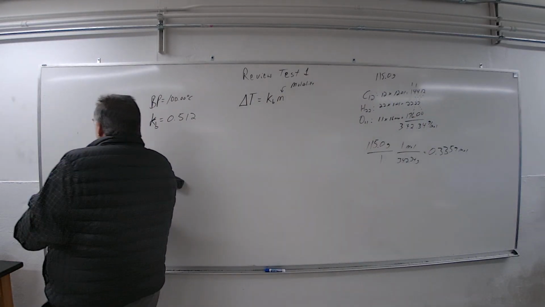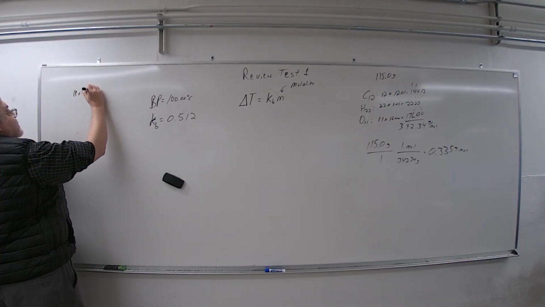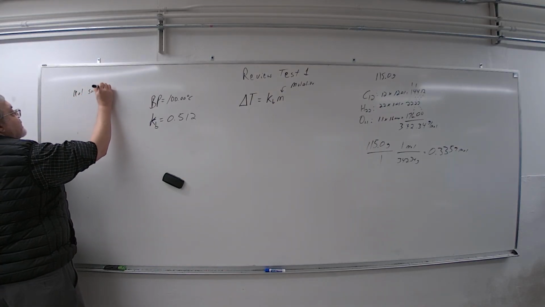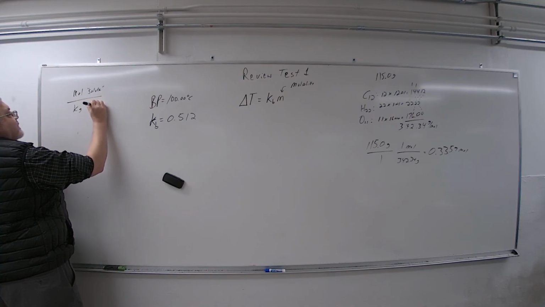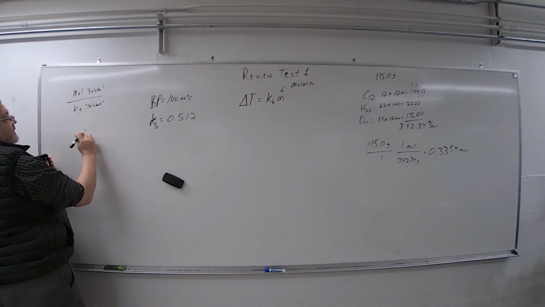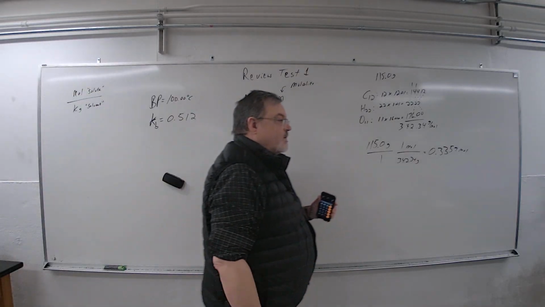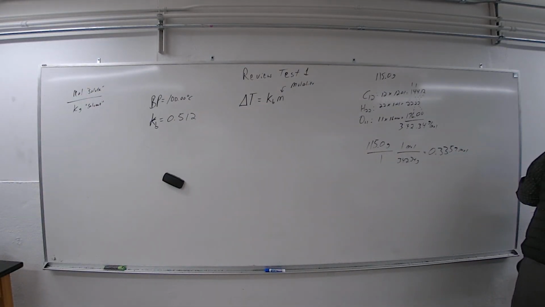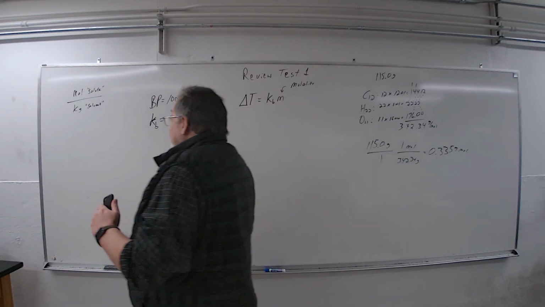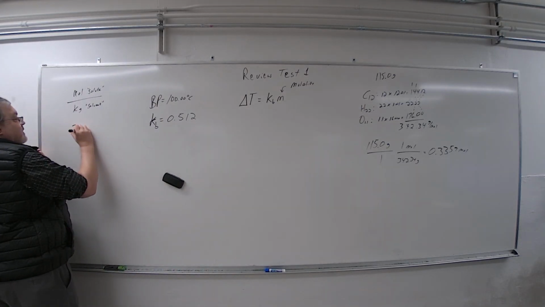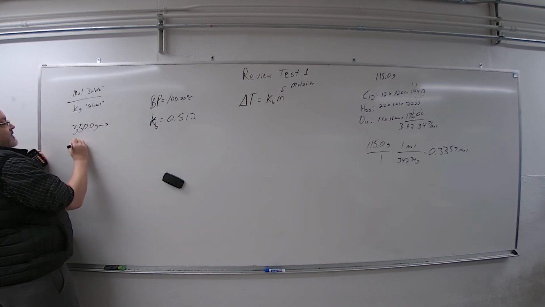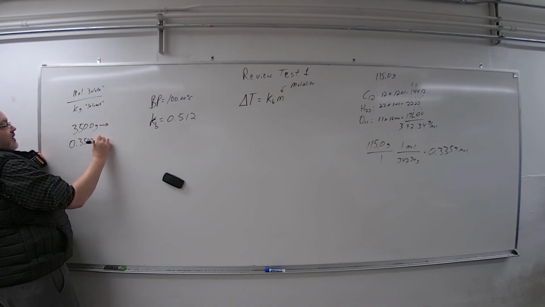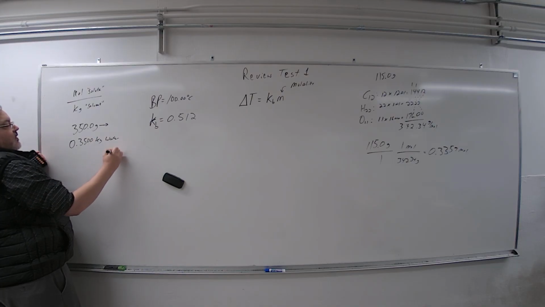Molality is moles of solute to kilograms of solvent. If we have 350 grams, we need to turn that into kilograms, which is going to be 0.3500 kilograms of water.